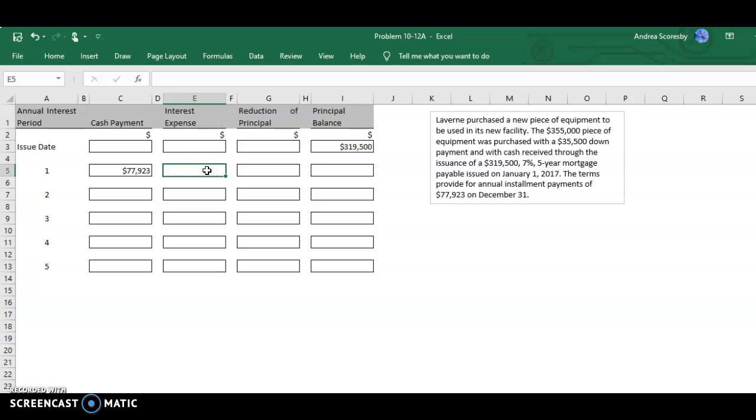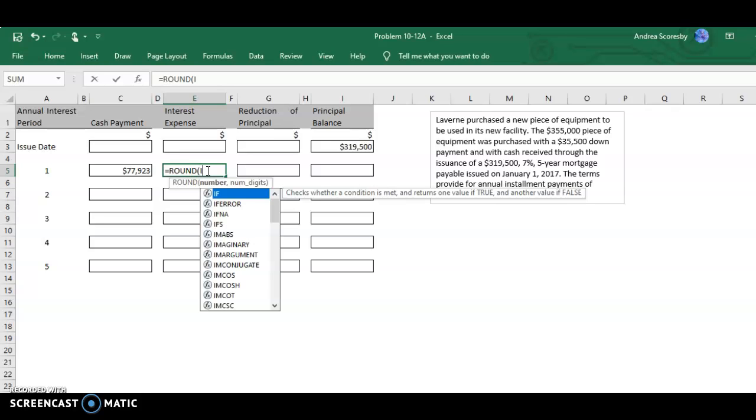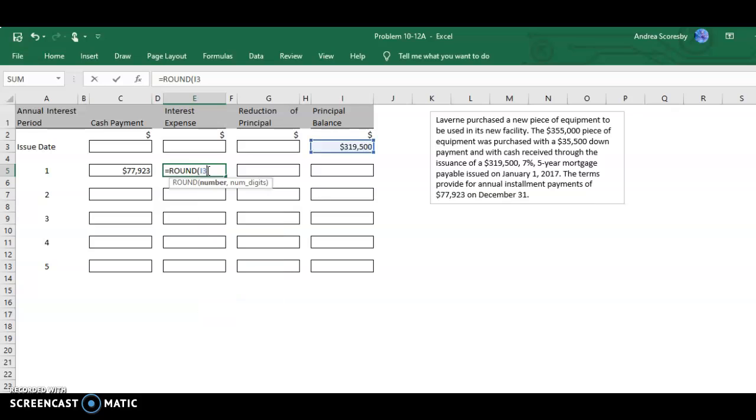So to find the interest expense, we are going to take the principal balance, $319,500, and multiply that by the interest rate, 7%, and that is going to give us $22,365.